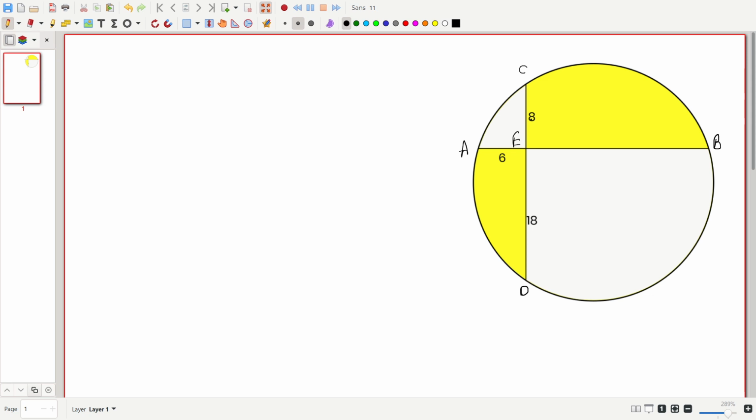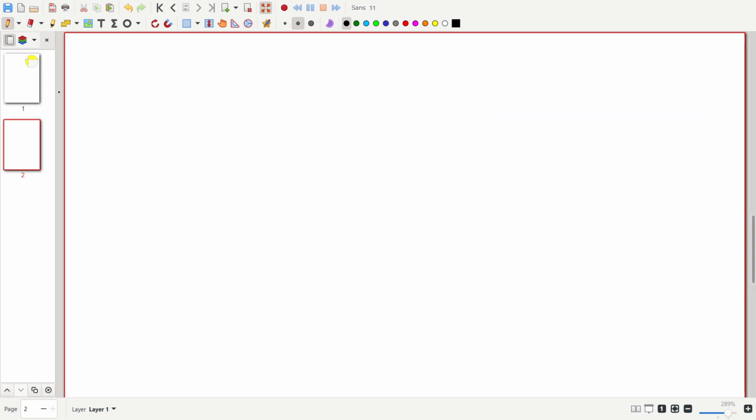Now, let's try to find out the length of EB. How can I find the length of EB? I don't know if you have learned it in your school or not, but there is a theorem called the intersecting chord theorem. Suppose there is a circle and two chords intersecting in the circle, then the products of the segments of the chords are equal.